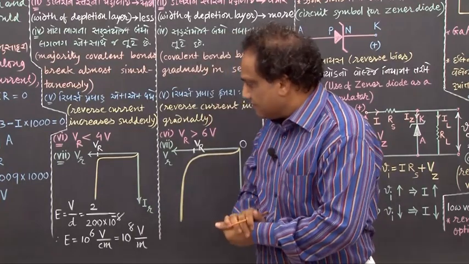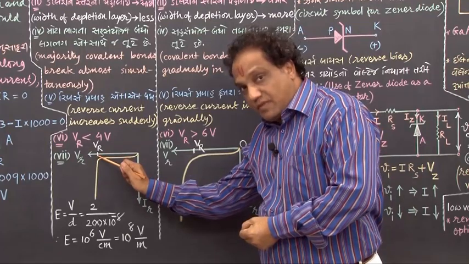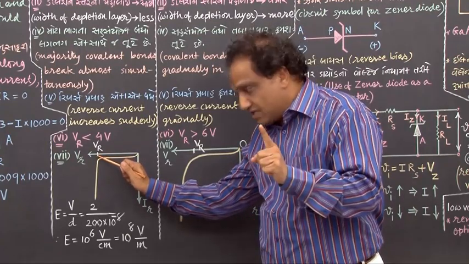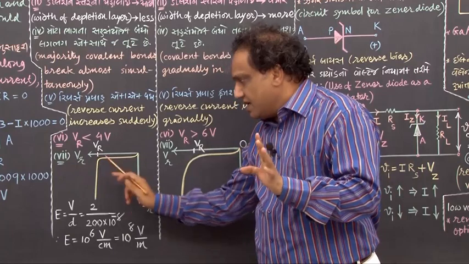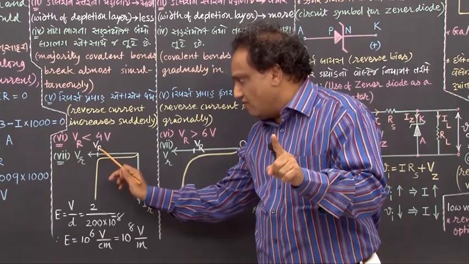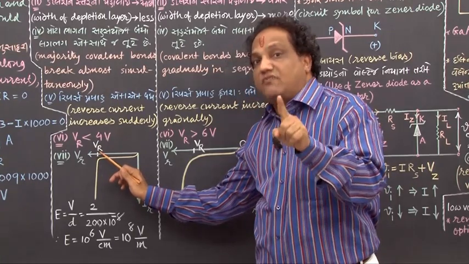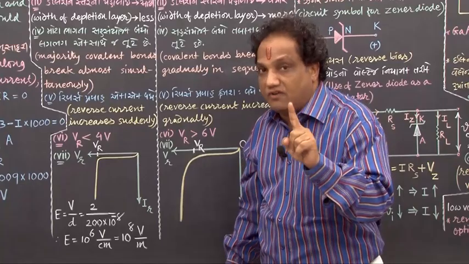This minimum reverse voltage at which this breakdown occurs is called the reverse breakdown voltage, shown by symbol VR, and in this case it is known as Zener voltage.